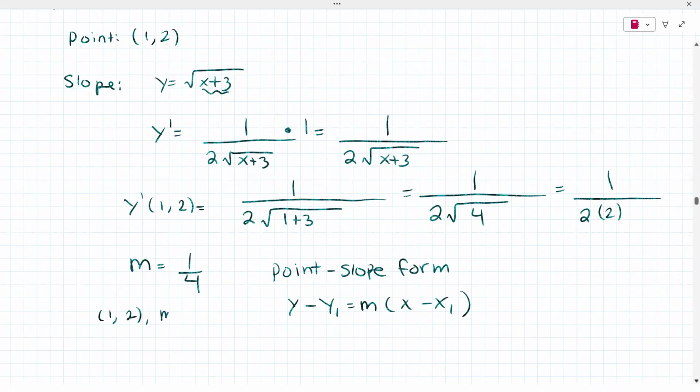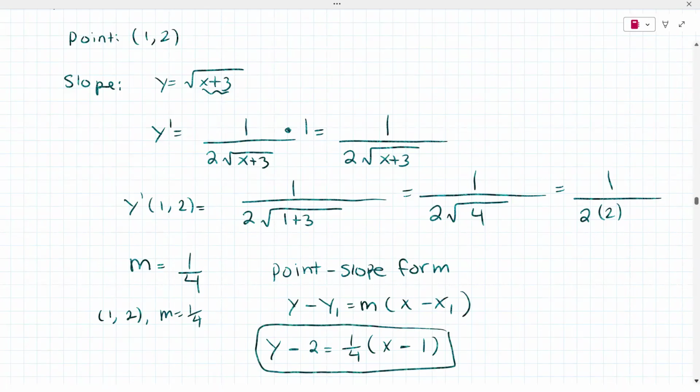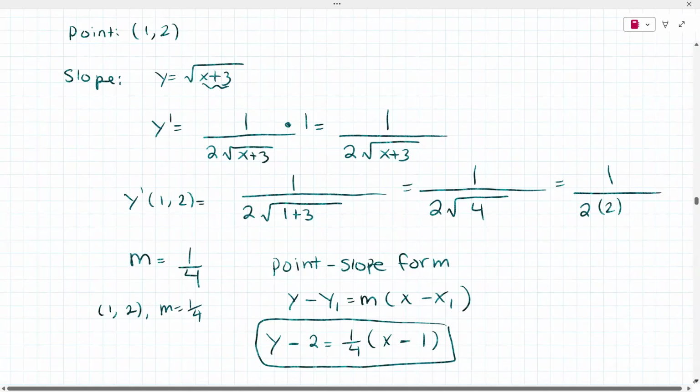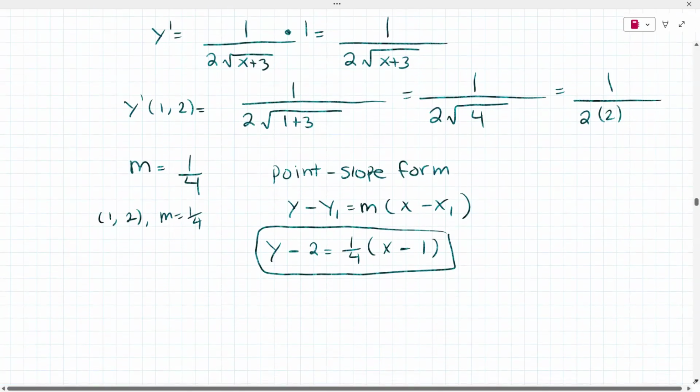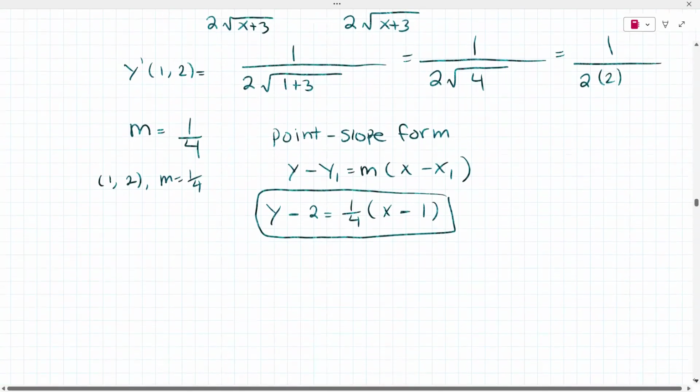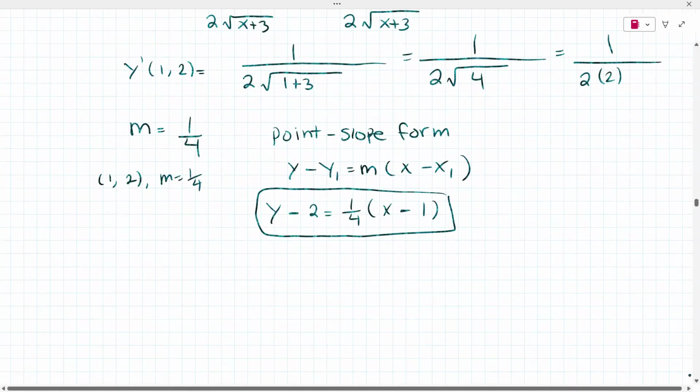We have a slope of 1/4. So it's y minus y1, which is 2, my m is 1/4, and then x minus x1, which is 1. Okay, step 2 is I'm going to use it to approximate.